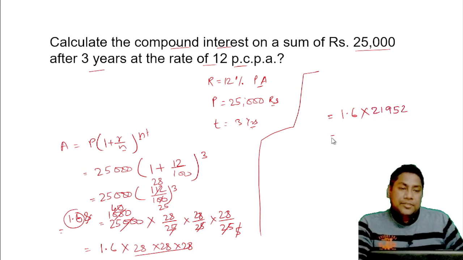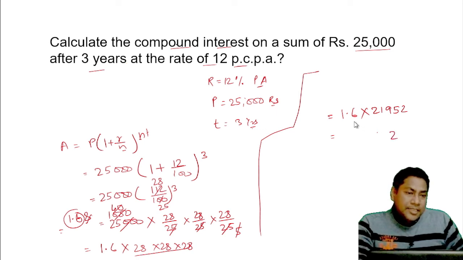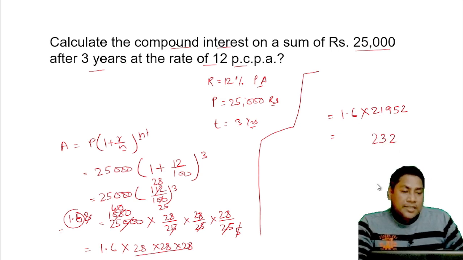28 cube is 21,952. Now we'll multiply it by 16. 16 2s are 32, remaining 3. 16 5s are 80, 80 and 3, 83, remaining 8. 16 9s are 144 and 8, 152, 2 remaining 15. 16 1s are 16, 16 and 15, 31, 1 remaining 3. 16 2s are 32 and 3, 35.